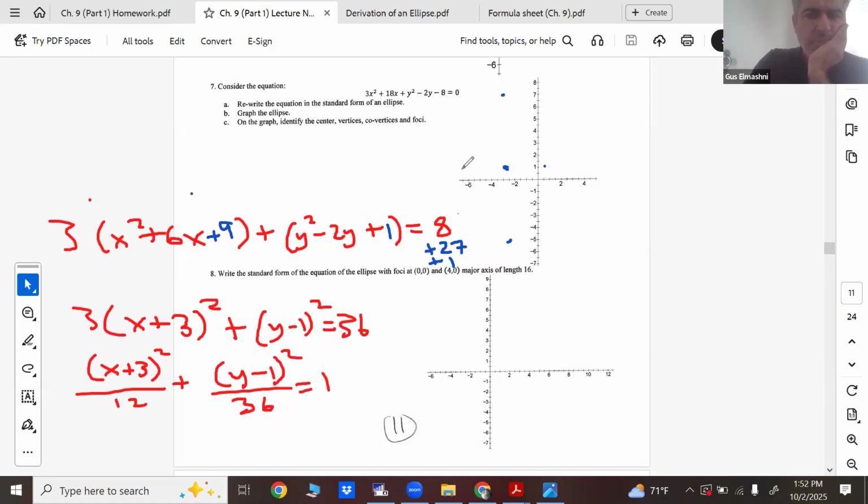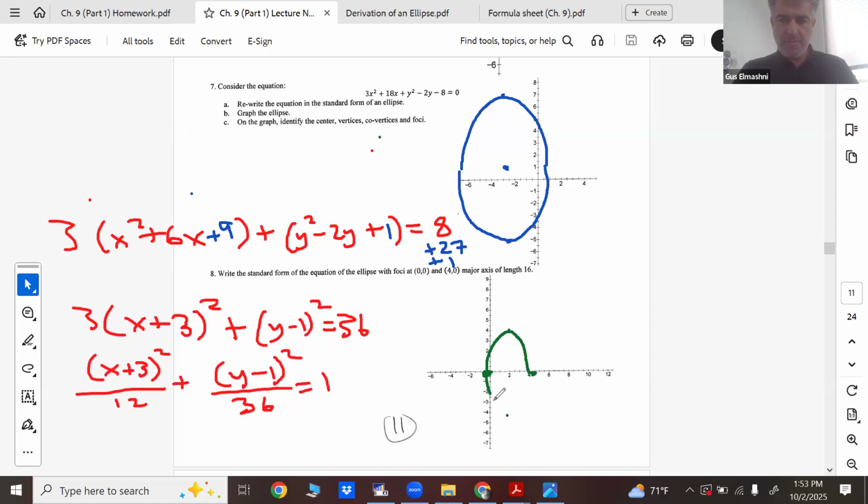Everybody is the right system. How much of it that we got? Minus 12 equals 6. Which is 2.